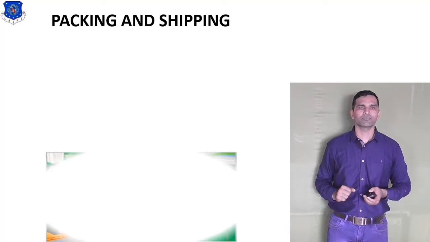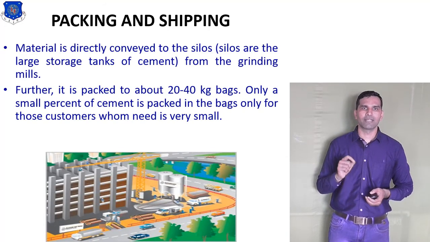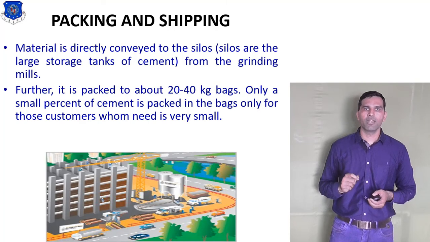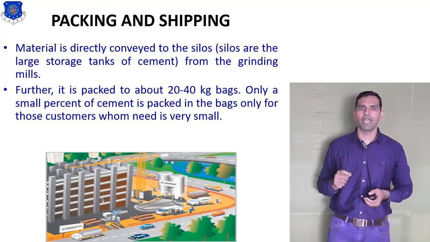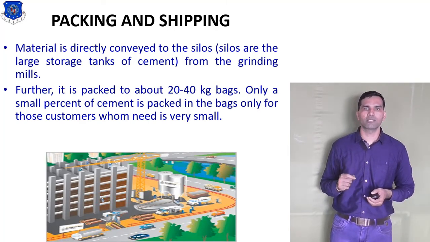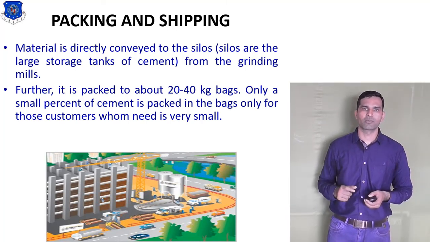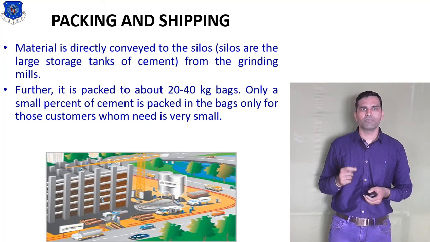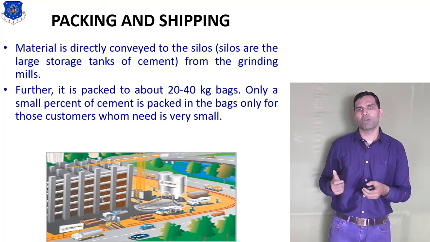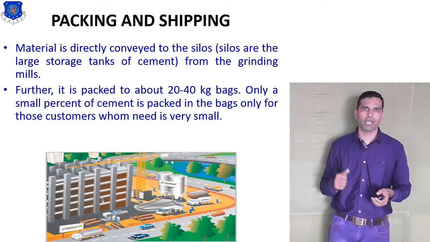So here material is directly conveyed to the silos, which are large storage tanks of cement, from the grinding mill. Further it is packed into 20 to 40 kg bags. We know cement bags.